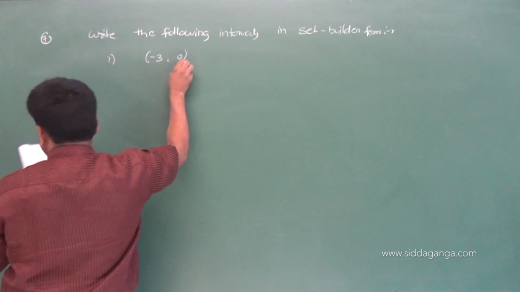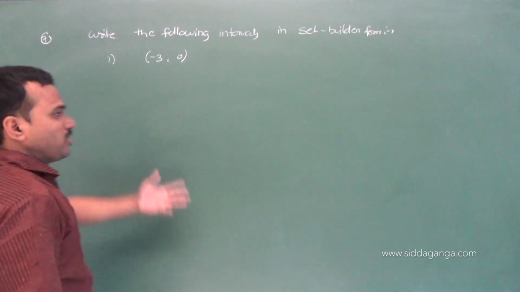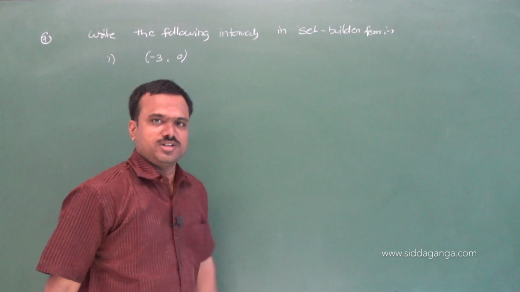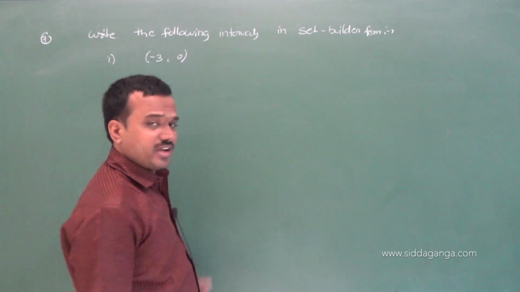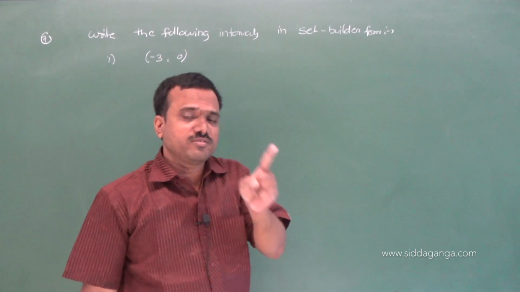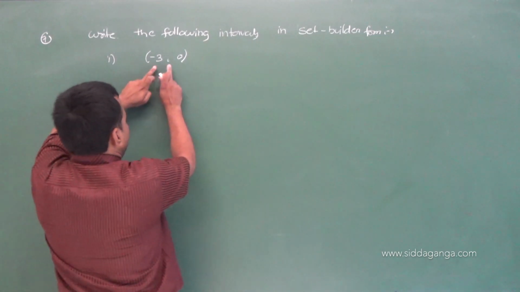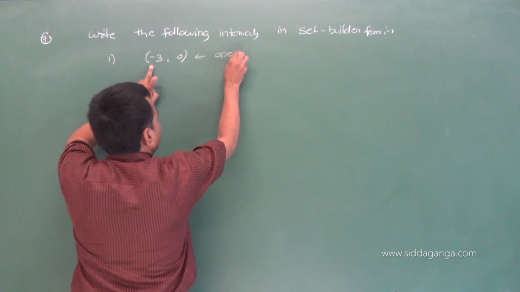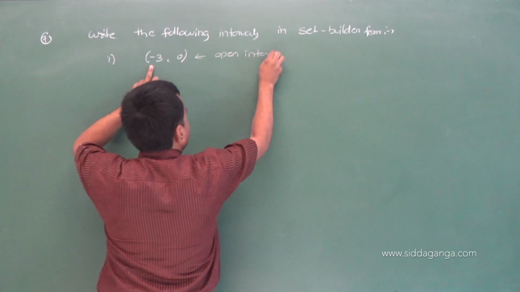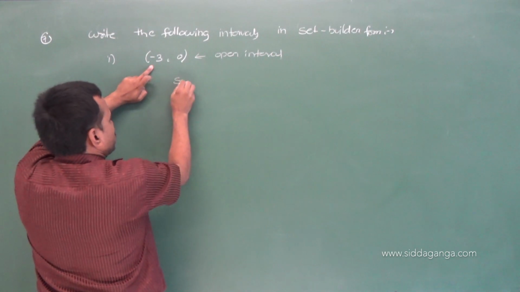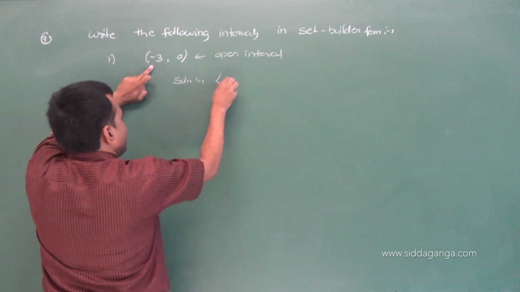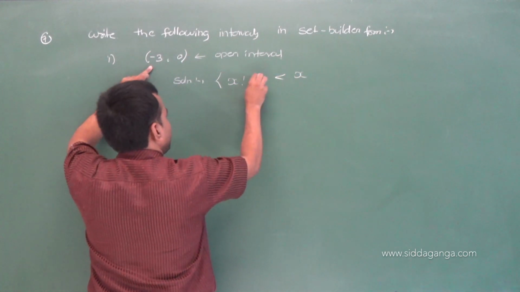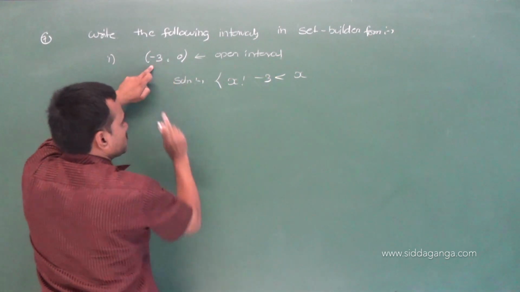Minus 3, 0. In previous problems, he has given the set builder form and we wrote the intervals. Here, he has given the interval form, so we write the set builder form. Minus 3 comma 0. This given interval is what? Open interval. So solution: X such that x is greater than minus 3, less than 0, because end points are not included.